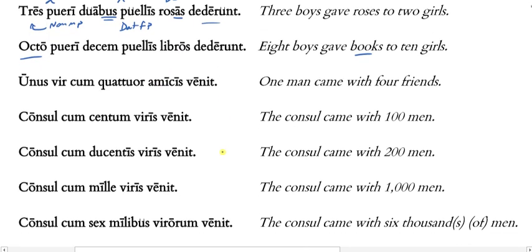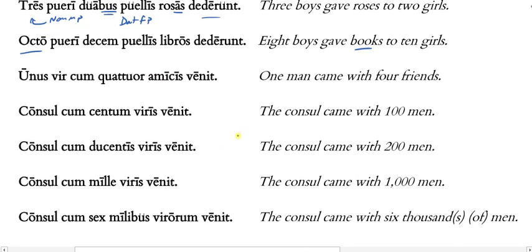Now, in these next six, these all have the same pattern. Venit is my perfect verb. The it here is third singular, so somebody came. All right, and the one who came in the first sentence is unus vir. So unus vir did the coming here. One man came, and then each of these is going to have a cum expression.